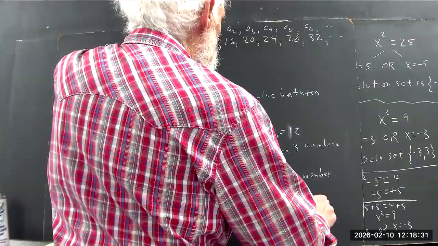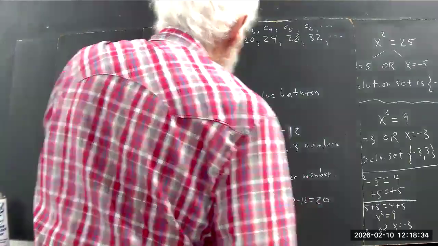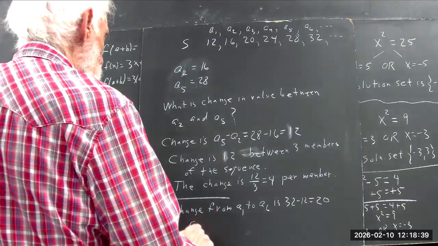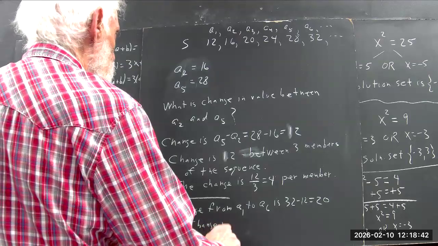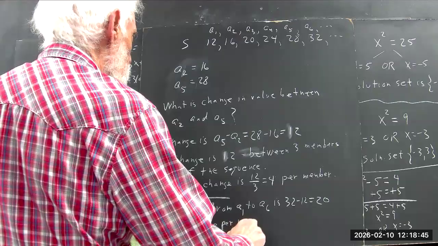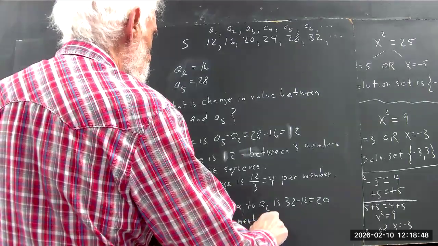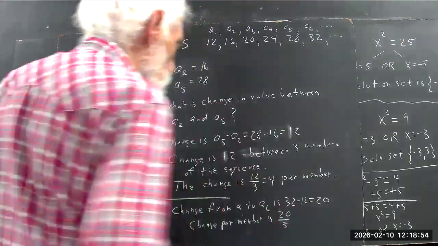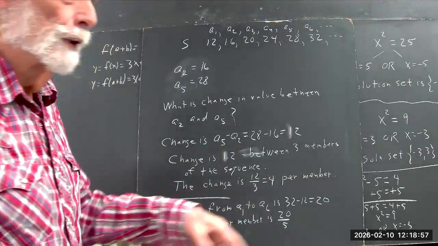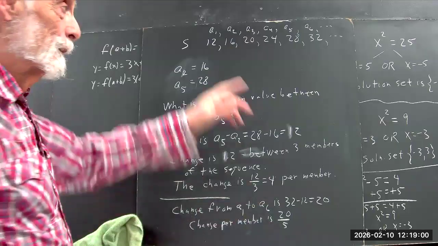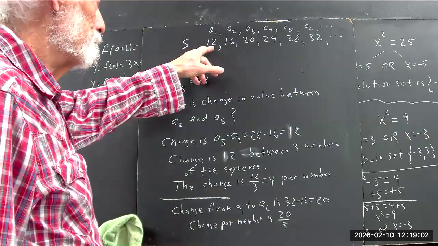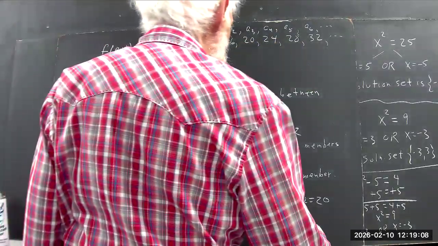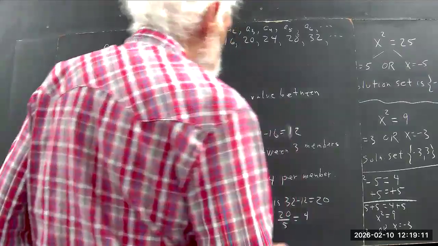So it's 32 minus 12 equals 20. Change per member is 20 over 5, because from number 1 to number 6, that's 5 members, right? And you can see on the board here, that's 1, 2, 3, 4, 5 members, gives you a change of 20. And it's still 4.